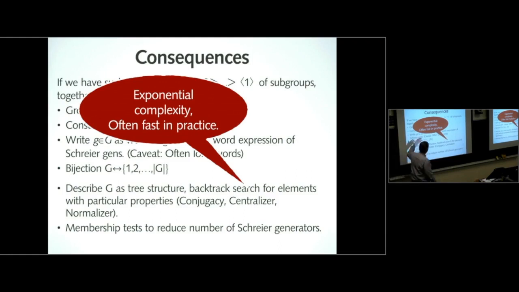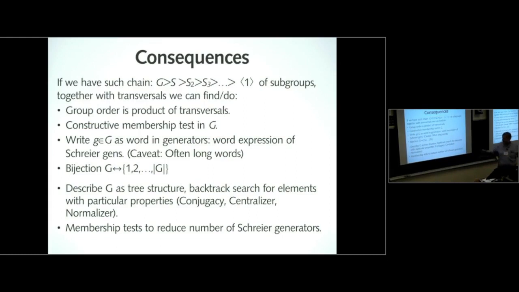Yeah, and I mentioned already, when building a stabilizer chain, we can use the membership test which I described here to reduce the number of Schreier generators. So that all behaves reasonably nicely. If you have a permutation group of degree at most a few 100,000, well, why do I put the boundary at 100,000s?